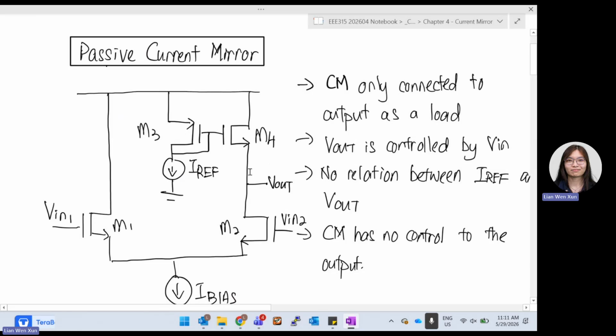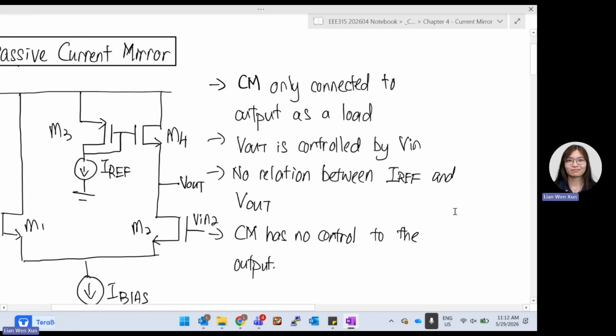Without the top part, it looks like a differential amplifier. But once we have added this current mirror at the right-hand side, it seems like a resistor that we usually add on top of our M2. So this is the load. Now we can say V out is controlled by V in. There's no relationship between IREF and V out.